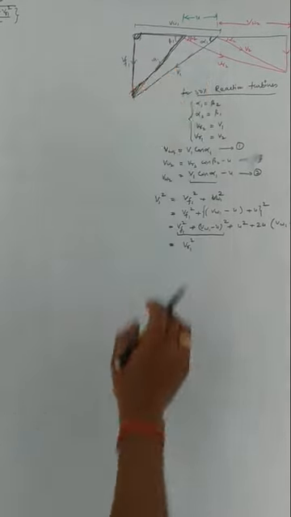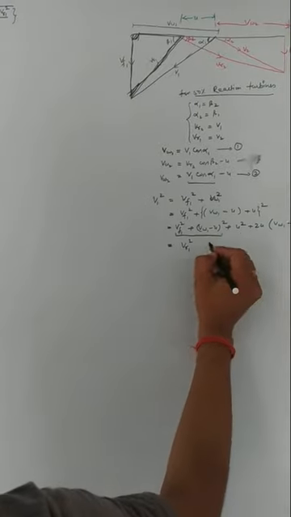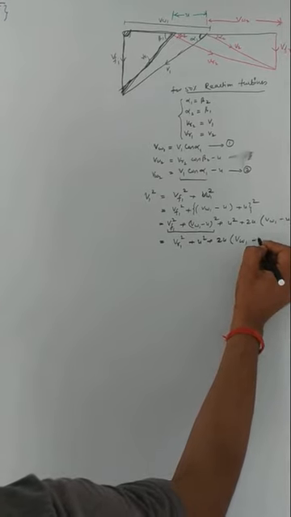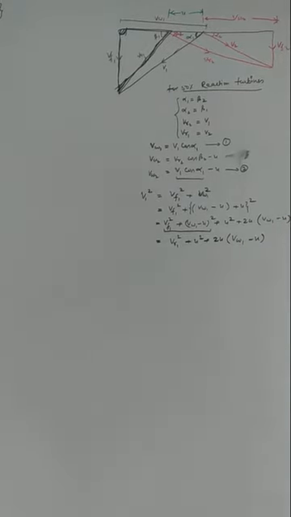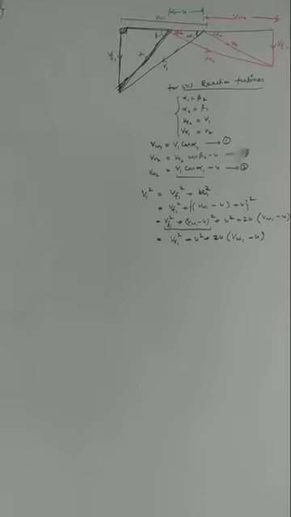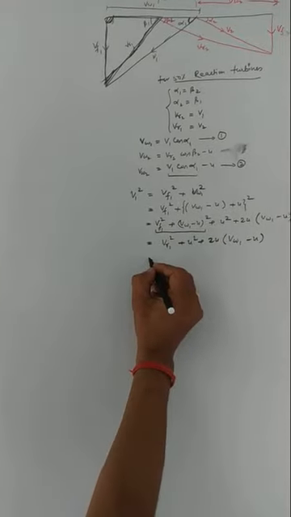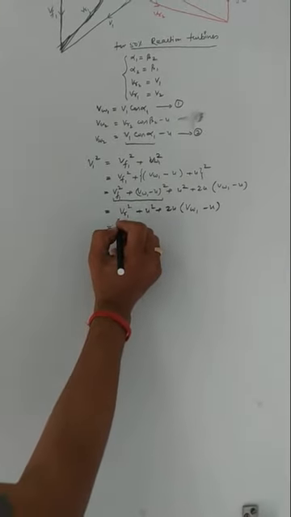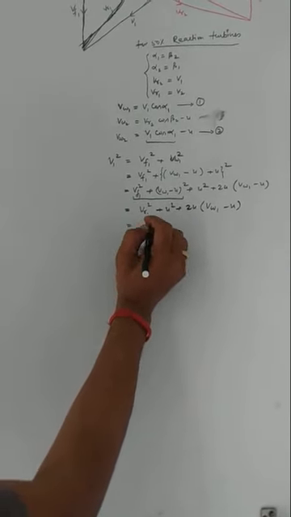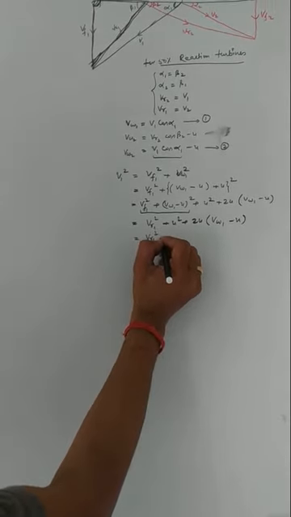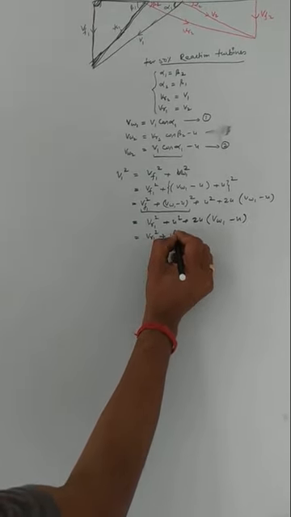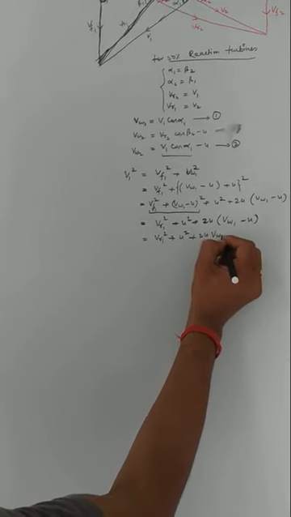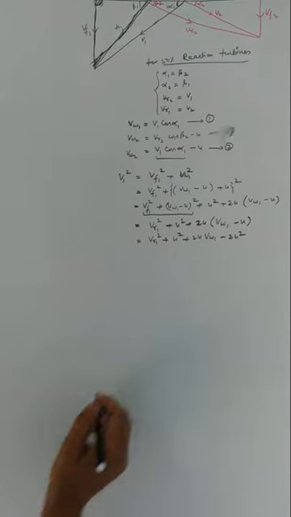So we can write VR1 square plus U square plus 2U (VW1 minus U). Open this bracket and we can write finally V1 square is equal to VR1 square plus U square plus 2U VW1 minus 2U square.